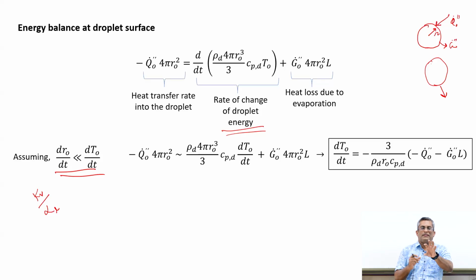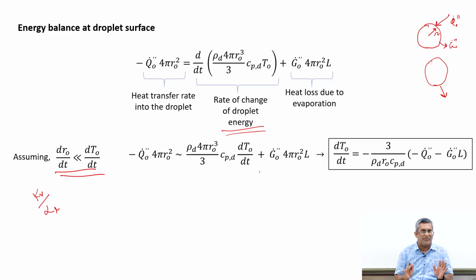So, see, this means that the droplet size is changing and heat is diffusing. Now, if the heat diffusion is much faster compared to the rate at which the size changes, then we can make this assumption, and we can define a non-dimensional number called the Peclet number based on the comparison of the evaporation constant to the thermal diffusivity of the liquid.